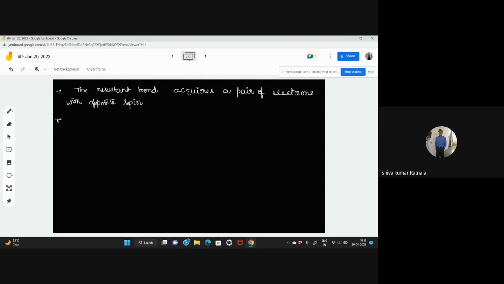Next, greater the extent of overlapping, stronger the bond formed. So stronger the bond formed.